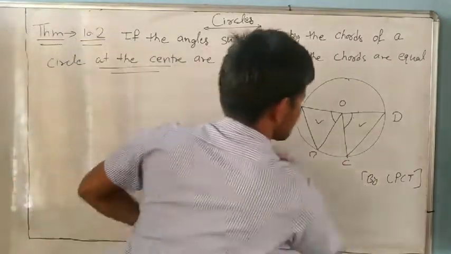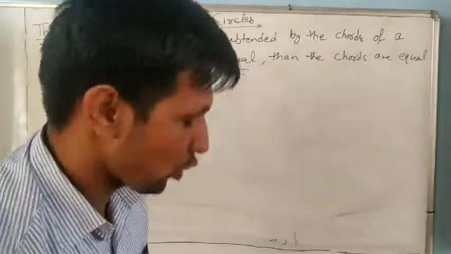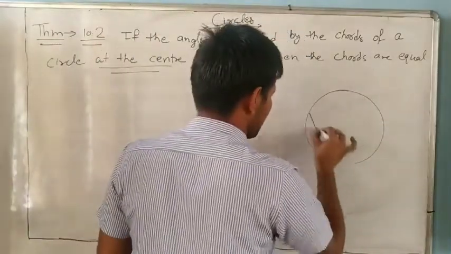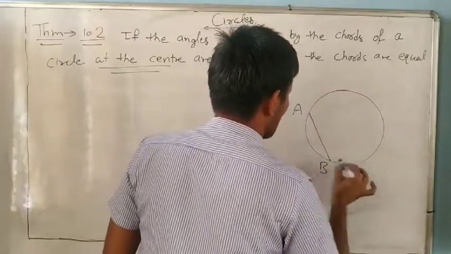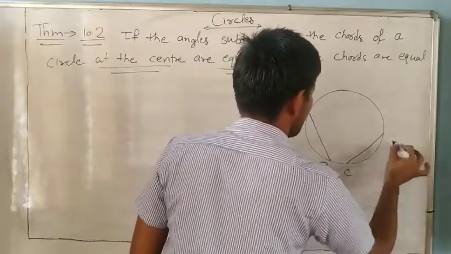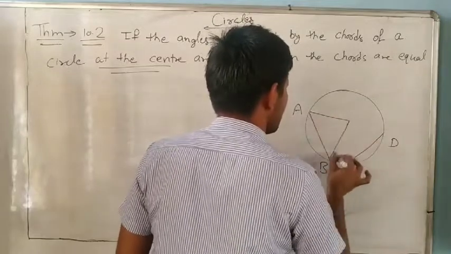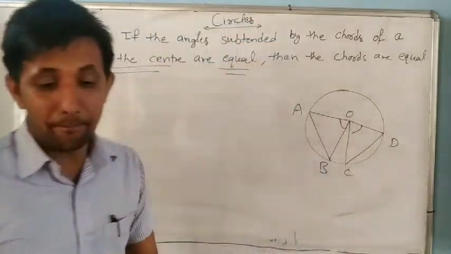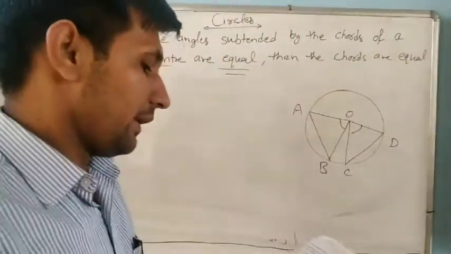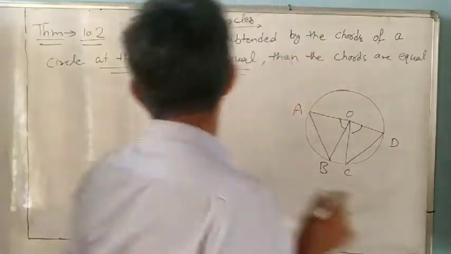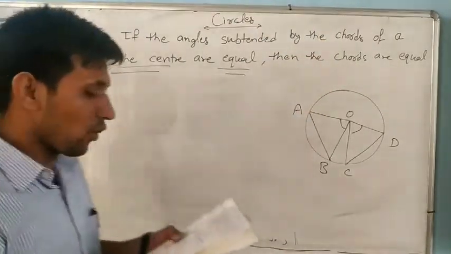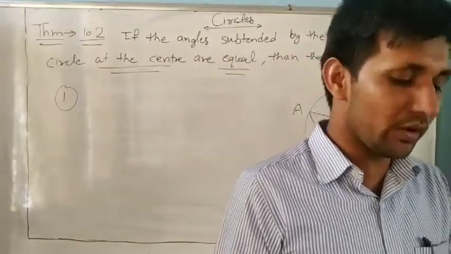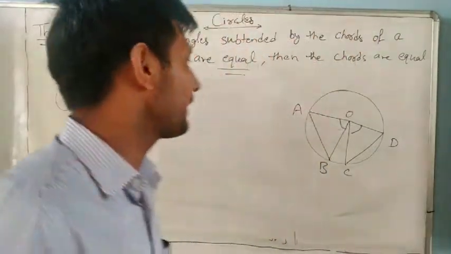In the 10.1 theorem we already proved that if chords are equal, then they make equal angles at the center. We already proved that. But in 10.2, question number 1: recall that two circles are congruent if they have the same radii.